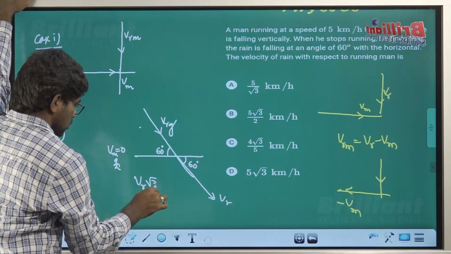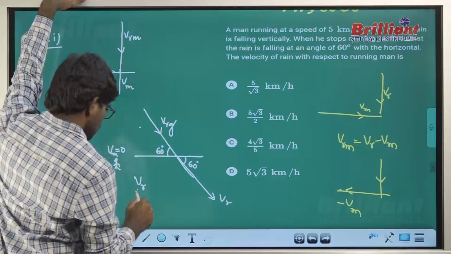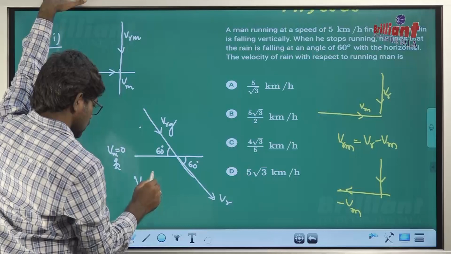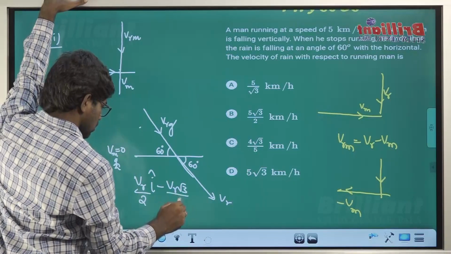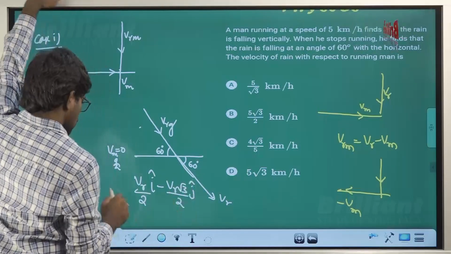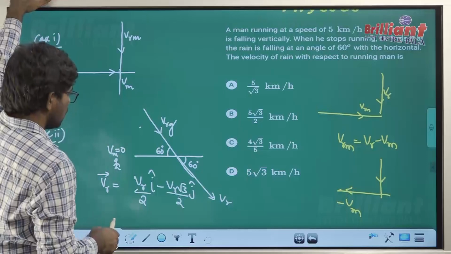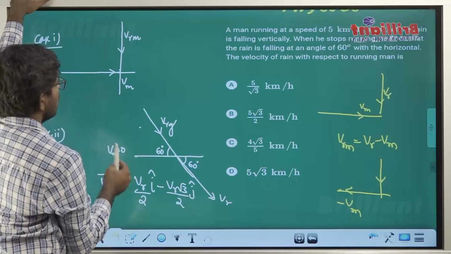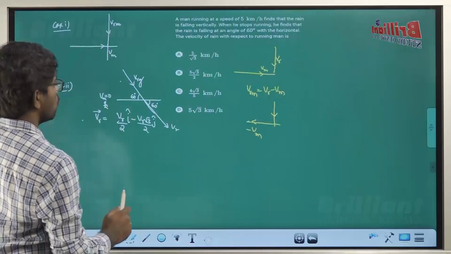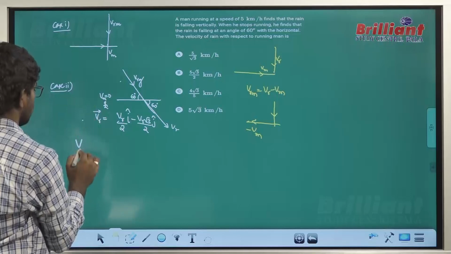Cos 60 will be 1 by 2, minus VR sin 60. This is VR actually, right? Velocity of rain, right? Now, here it's given, what is given here? Velocity of rain with respect to man.